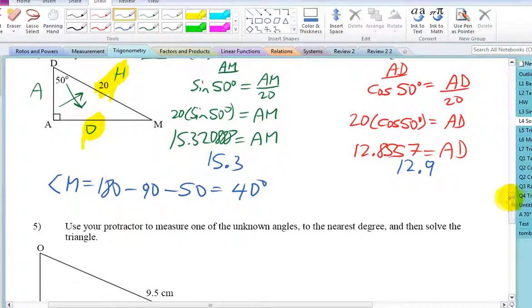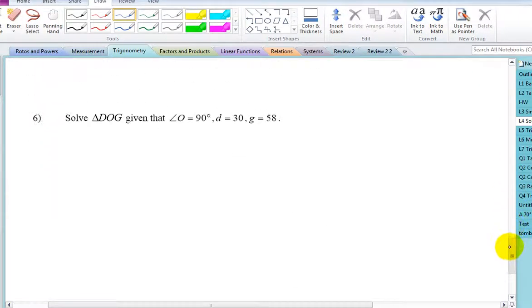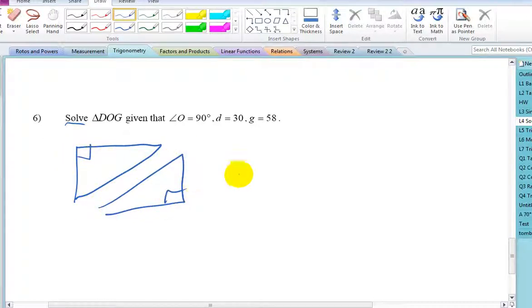Let's go down to the very bottom question. We want to draw a triangle. We want to solve it. So let's draw it, and you can draw this thing any way you want to.